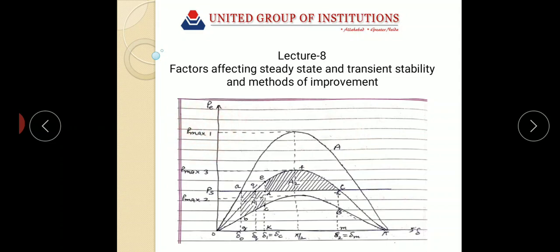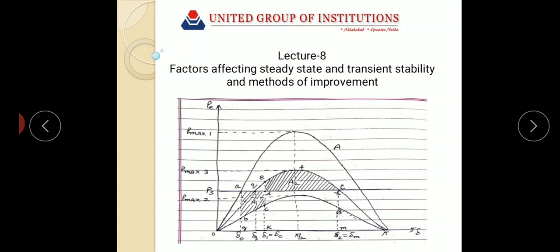When one faulted line and one healthy line is in operation, the reactance also changes. That's why the maximum power changes again, Pmax2. And when after the fault is cleared only one line is in operation, the reactance also changes. So this is Pmax3. These power angle curves are very important.